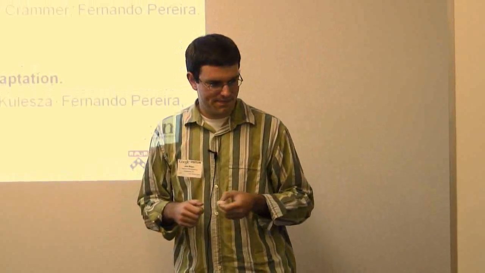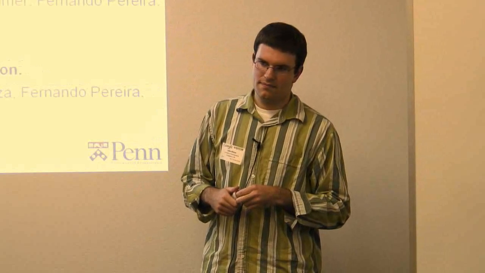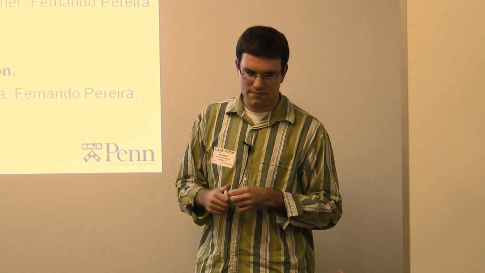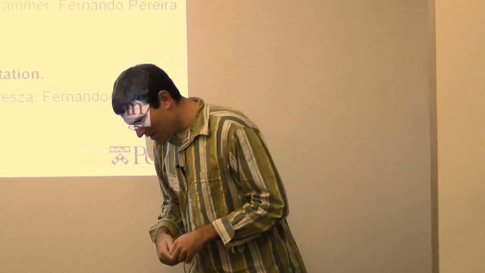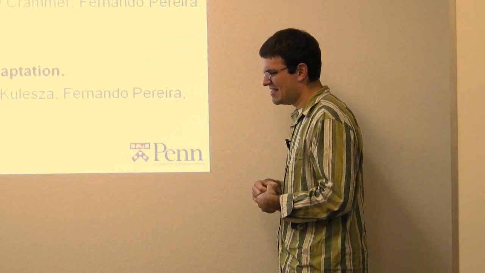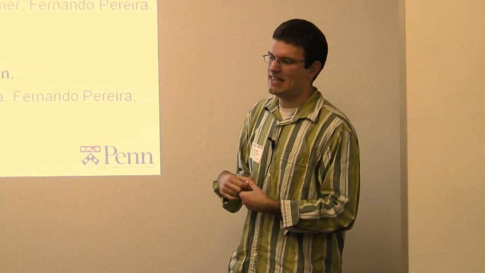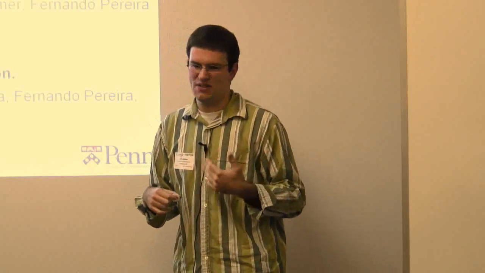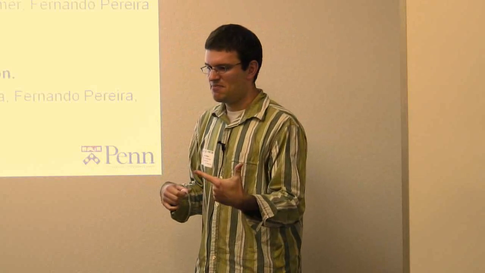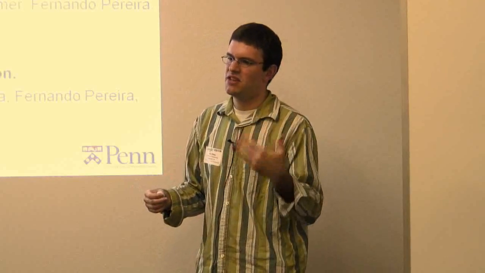Yeah. So one question is, can this adaptation be thought of as learning a translation table from domain 1 to domain 2 for the important words? At a high level, it's possible. I don't want to commit to that, in part because I'm not an MT guy and I don't really know, but in part because I think part of the power of this method is that a lot of these features are bad.